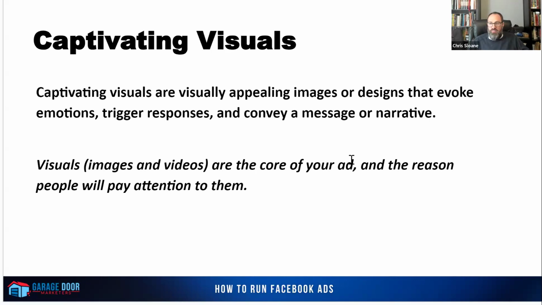Okay. And it has to be relevant, it has to indicate what you're doing. So, if you are running an ad for garage door openers, you should have probably a video of one of your techs installing a garage door opener with the garage door opener kind of highlighted in the video. Something along those lines. Okay.